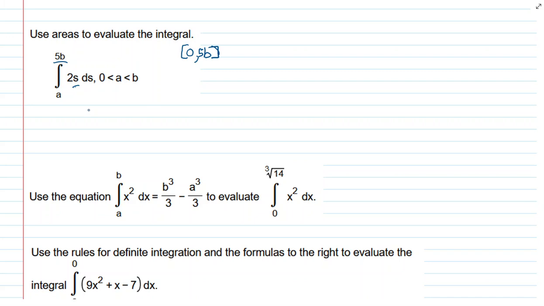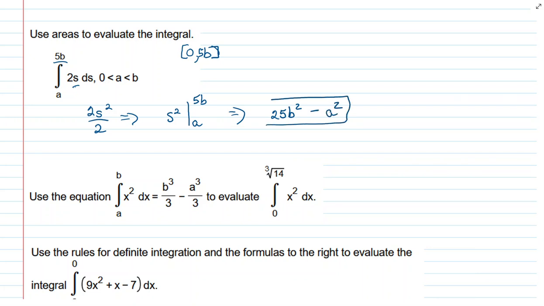So here we have x squared divided by 2, and we're going to simplify that to x squared over 2 from a to b. And that would result in b squared minus a squared over 2. Numbers, and they're ascending numbers, and we would have this as the area.